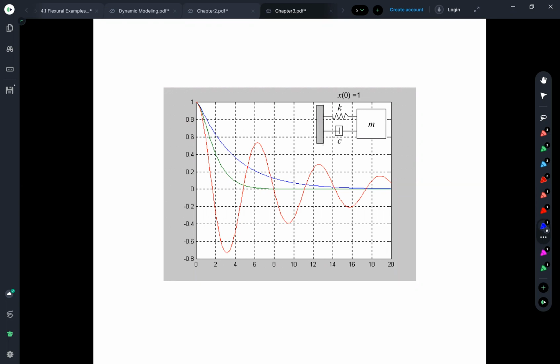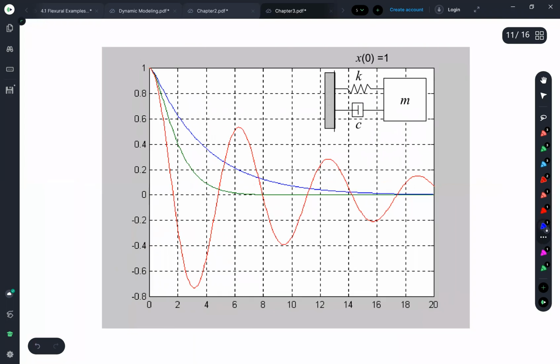Look at this plot. In this plot, you have three curves: the red color, the green color, and the blue color.